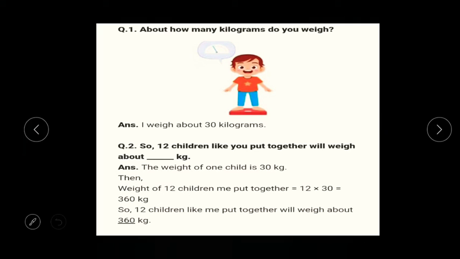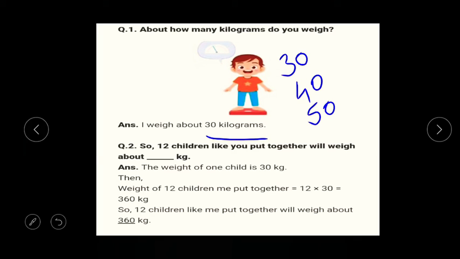The next question is about how many kilograms do you weigh? Some of you may weigh 30 kilograms, some of you may have weight of 40 kilograms, and some of you have weight of 50 kilograms. Let's consider you have a weight of 30 kilograms.